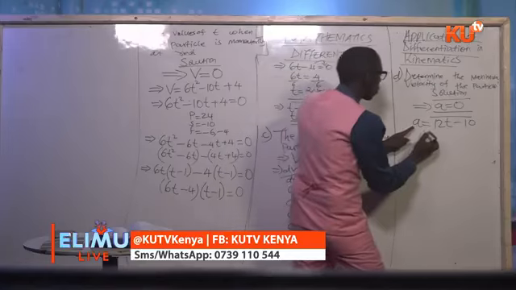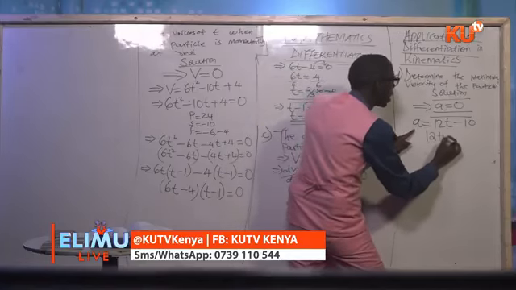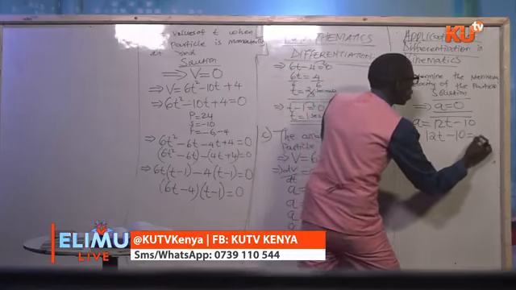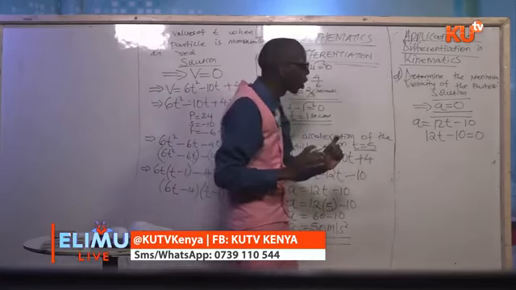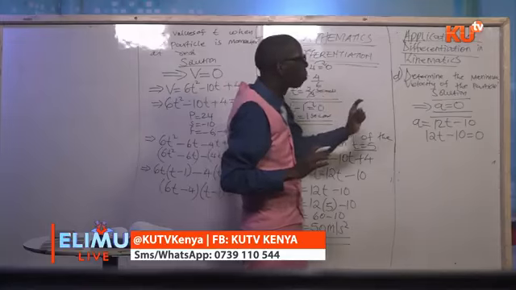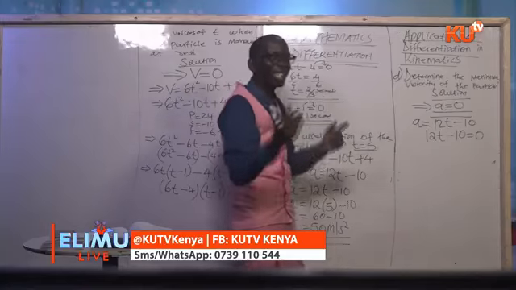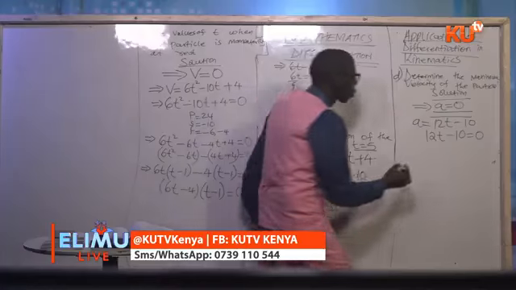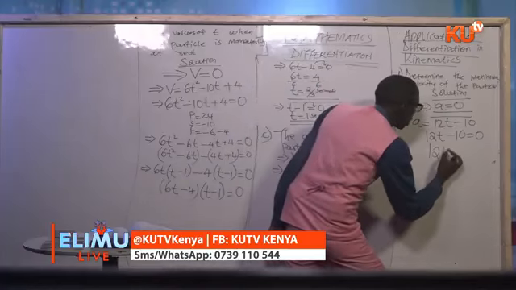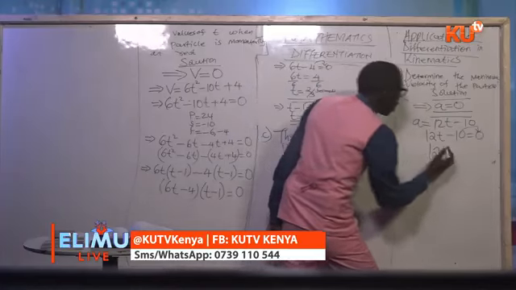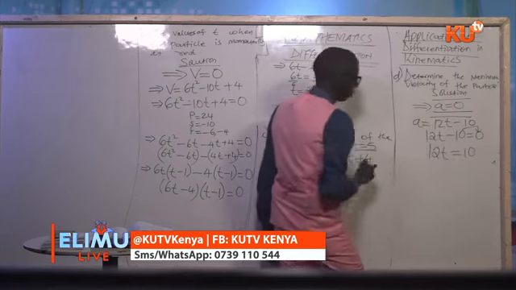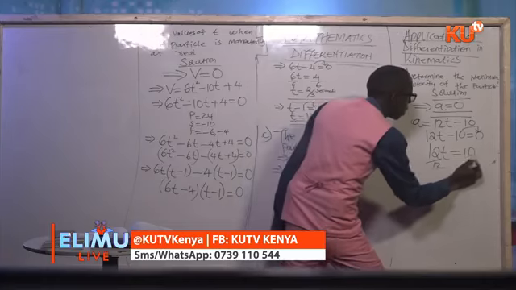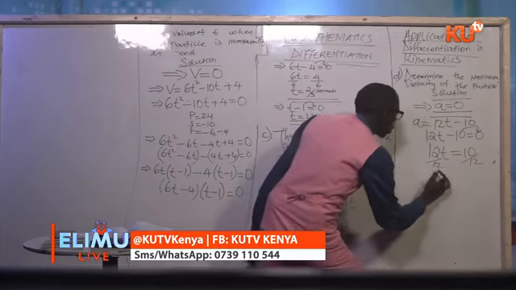So now, you'll say 12t minus 10 is equal to 0, because at maximum velocity, acceleration is 0. So 12t, take 10 to the other side. It was negative, it will be positive, is equal to 10. Divide by 12, divide by 12.